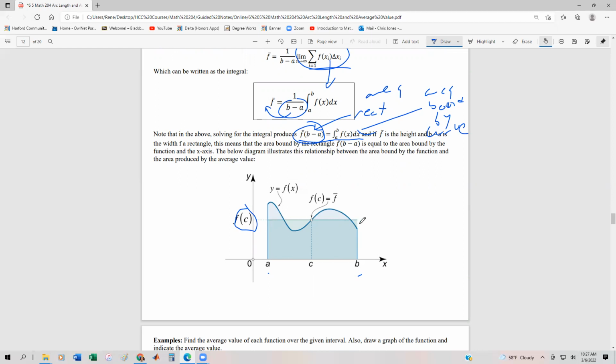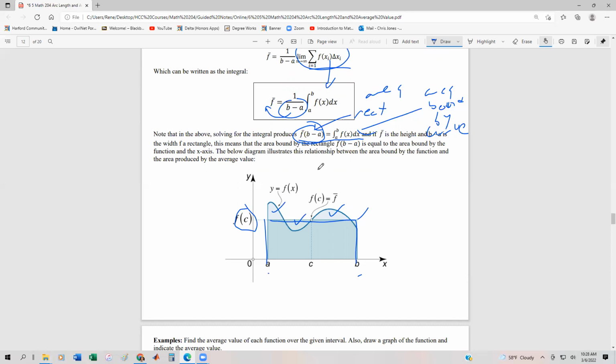What this rectangle represents is that if I add up this area, and this area, and then this area, which is bound by the curve, that's going to be equal to all of this area under the rectangle. So another way to compute an integral is to find the average value and then multiply both sides by b minus a.